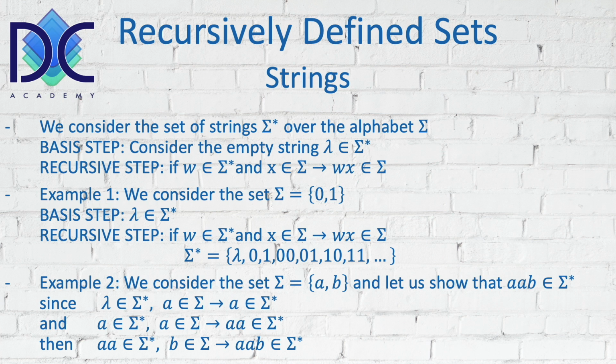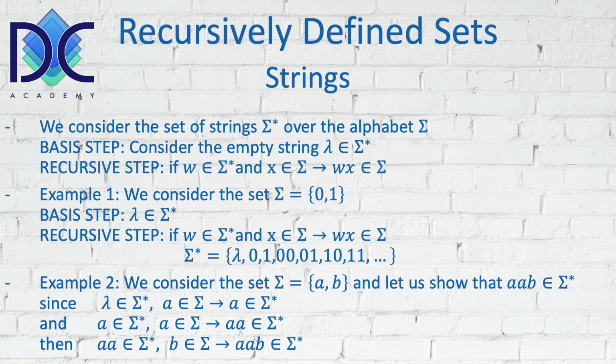Now, we know that lambda is an element of sigma star. a is an element of the alphabet, so a is an element of sigma star using the recursive step. Now we have a, an element of sigma star. a is also an element of the alphabet, so we can conclude using the recursive step that aa is also an element of sigma star.